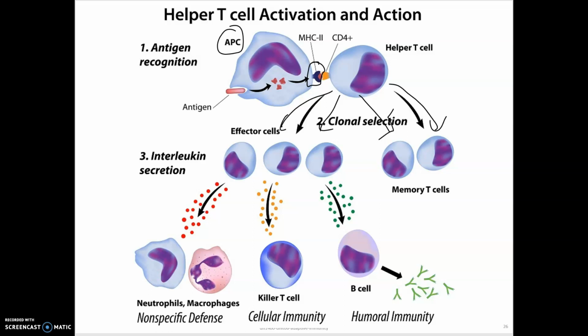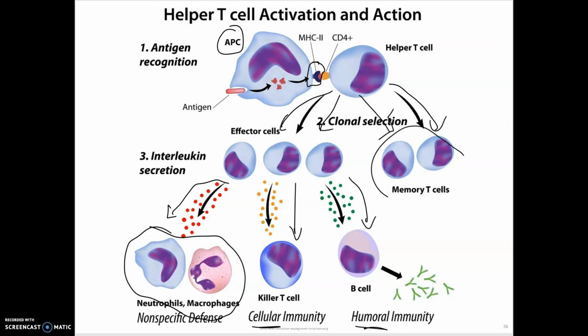And then those cells can be turned into different functioning cells. We have our killer T cell, or a cytotoxic T cell, and that's going to deal with our cellular immunity. We have the B cells, which are going to deal with the humoral immunity, and we'll talk about that in the next video. We can also have the helper T cells increasing the non-specific defenses, so macrophages, neutrophils, other lymphocytes. And then finally, the last type of cells that they can produce are the memory T cells, and that's what we'll talk about on the next slide.